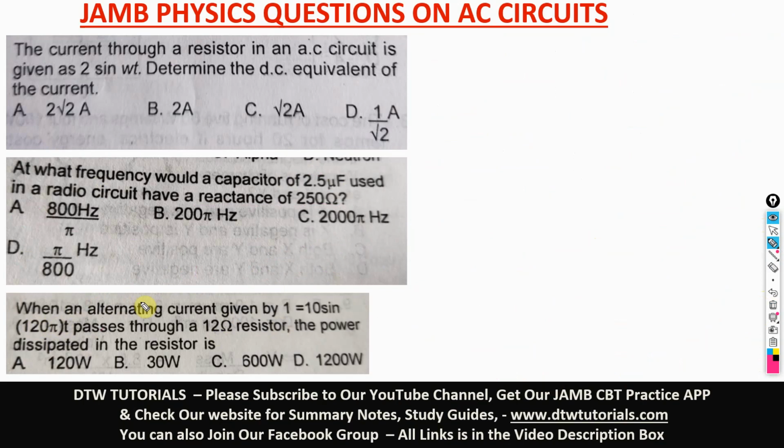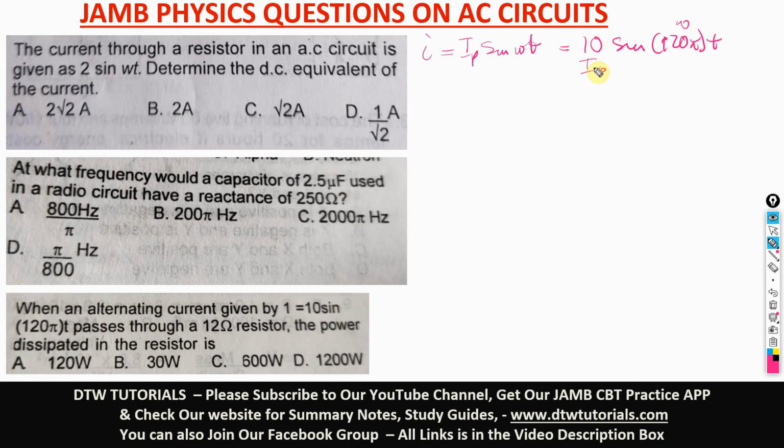This question says, when an alternating current given by this, remember as I said, I is equal to IP sine WT. So this is 10 sine in bracket 120 pi T. So this is W and T. This here is what?